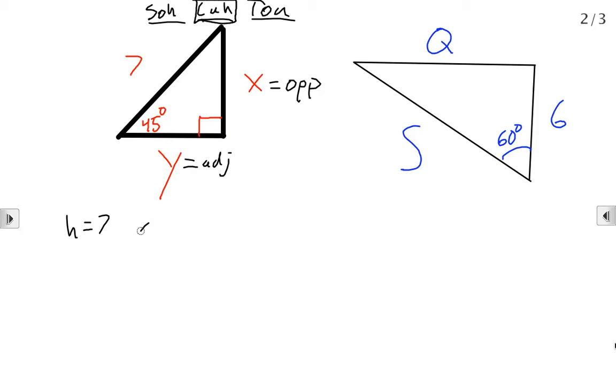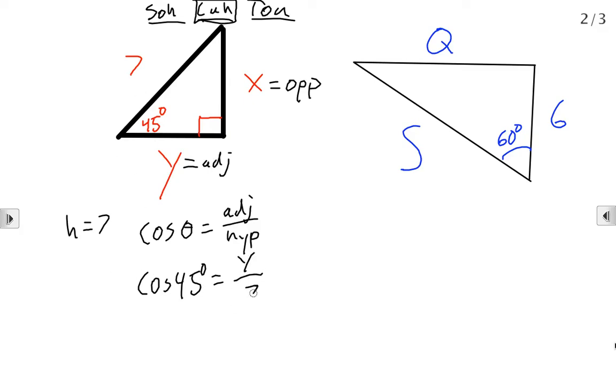So let's go ahead and write that out. The cosine of theta is equal to the adjacent over the hypotenuse. In this case, we know the angle is 45 degrees, so this is cosine 45 degrees is equal to, and then we do not know the adjacent, so we'll call that y. But we do know the hypotenuse is 7, so we'll substitute in 7.